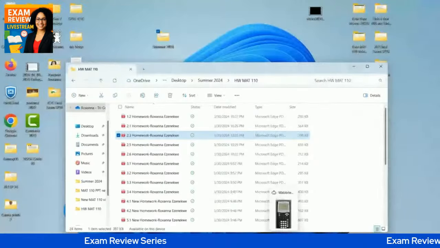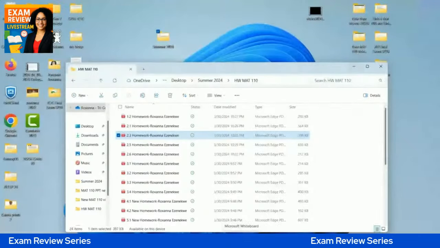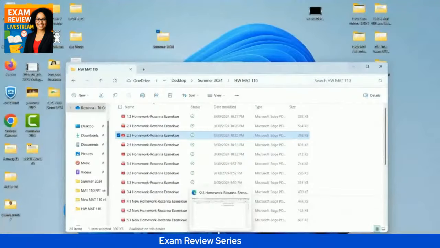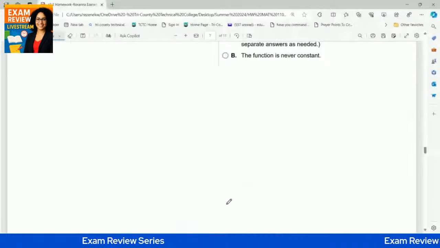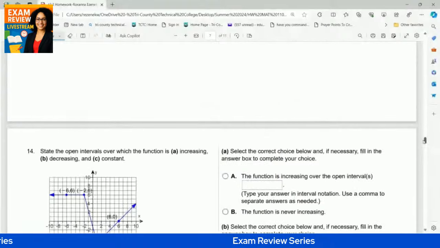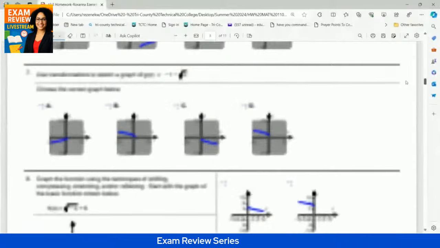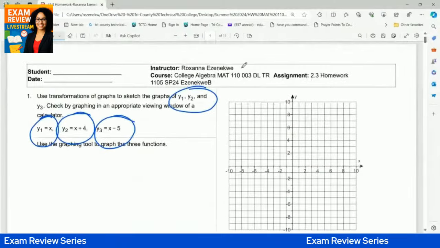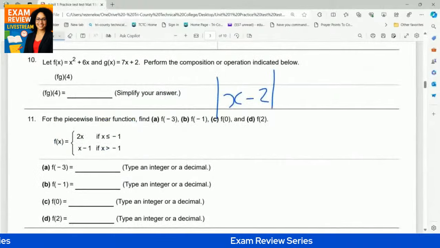The practice test is in Blackboard, in the Unit 1 folder. So let me go to it, and this is 2.3. I'm looking for the practice test.